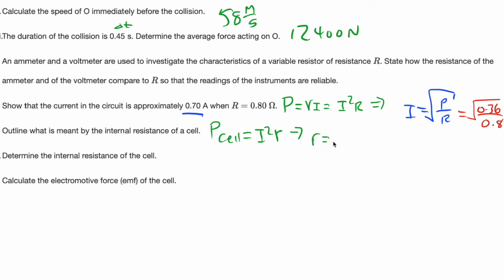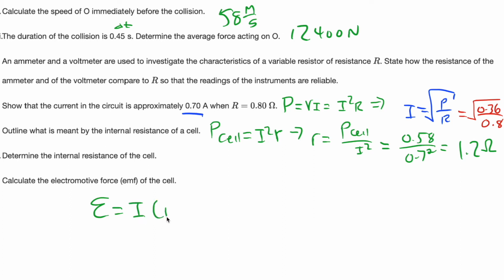And r is going to be equal to P cell over I squared, which is equal to 0.58 over 0.7 squared. So this will give you a number of 1.2 ohms. So this is the internal resistance. So now calculate the electromotive force of the cell. Electromotive force is going to be equal to current times the internal resistance plus the resistance of the variable resistor.